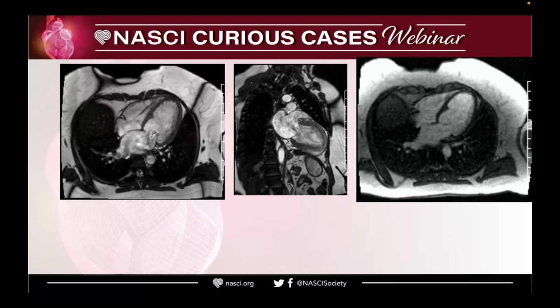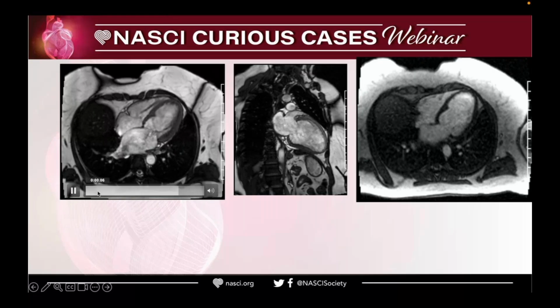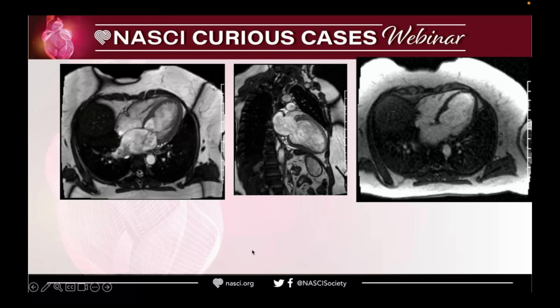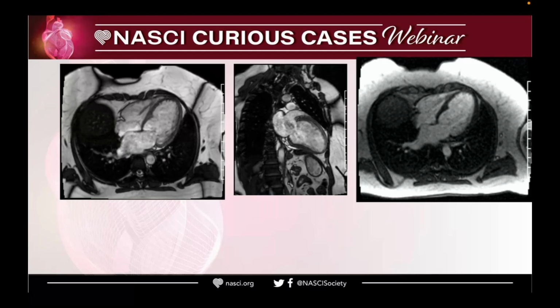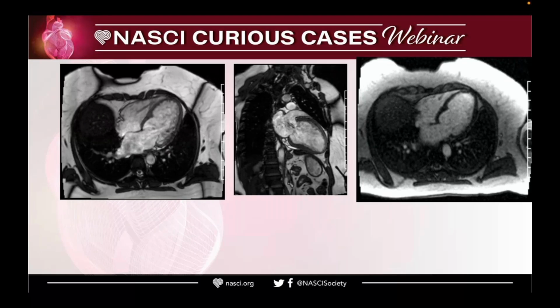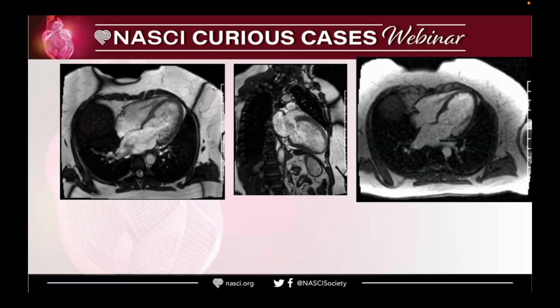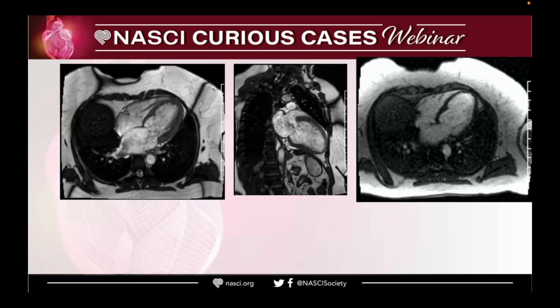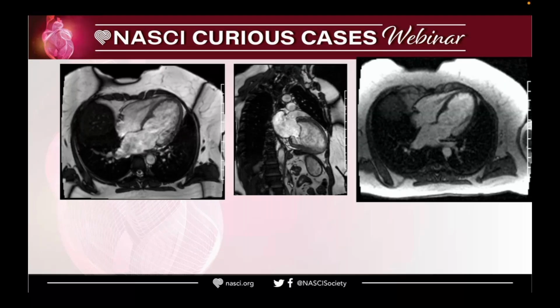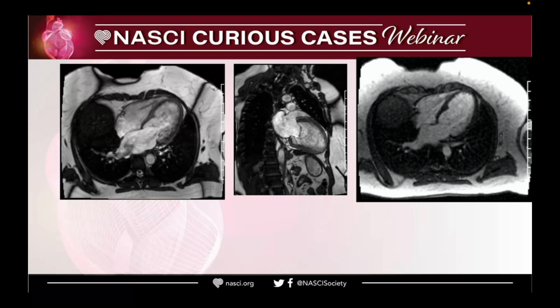I'm curious whether any colleagues here at NASCI use iron-based contrast material, because we don't use it in our institution yet, nor in our CMR lab. Do you have any explanation? I don't see any history of iron.